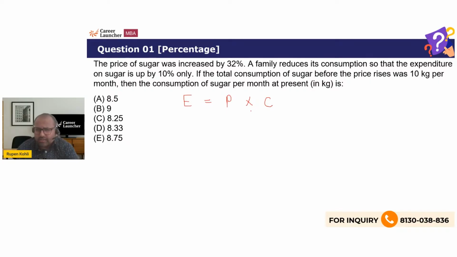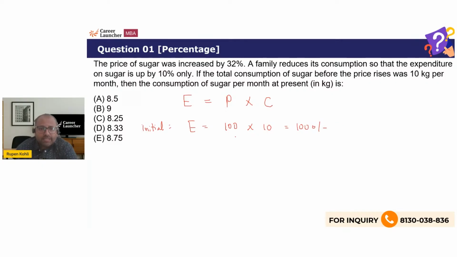I'll go for 100 rupees per kg, it might be anything. So the initial expense equals 100 rupees per kg into 10 kg, so 1000 rupees in total was the initial expenditure.